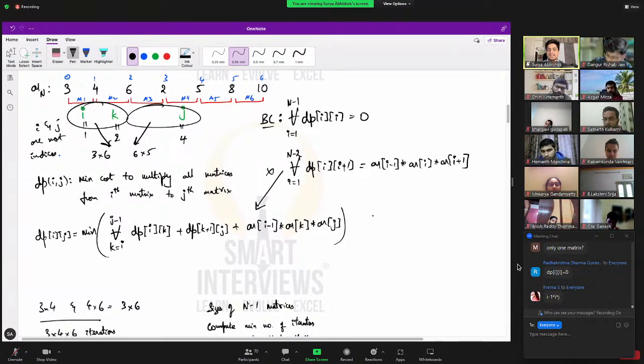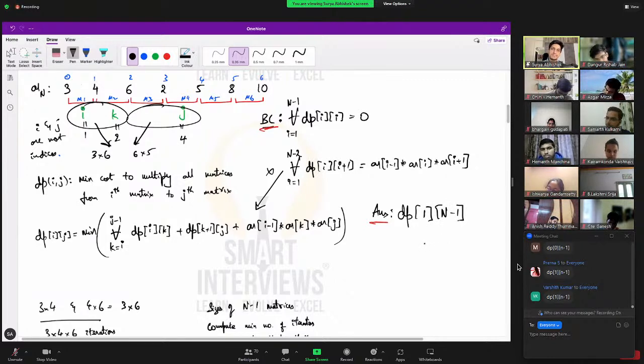And lastly, the last important step, which is: where is the answer? The answer is at 1 cross n minus 1.